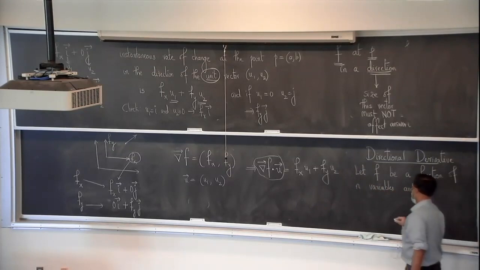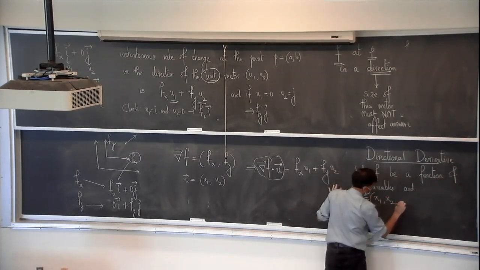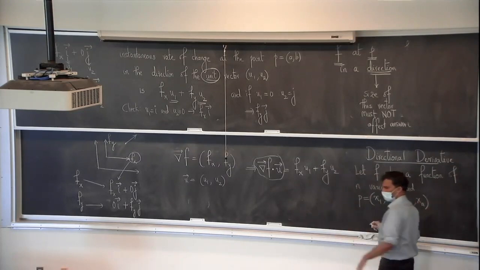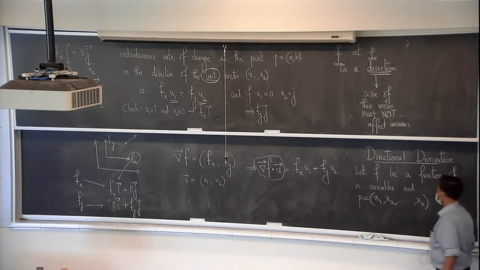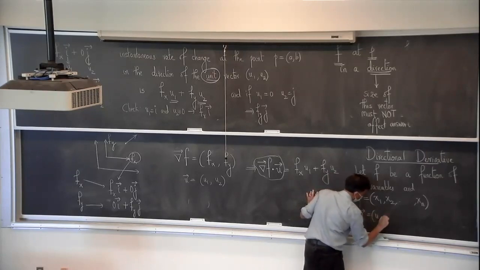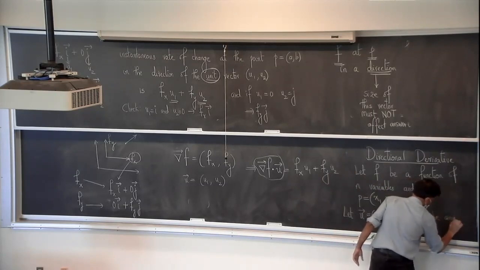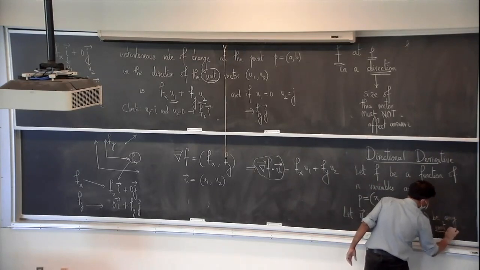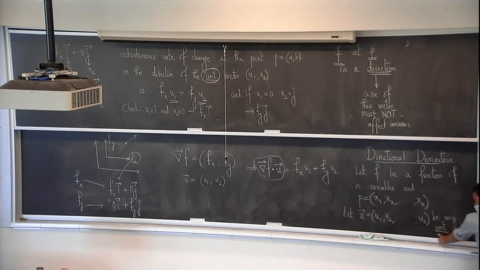And let P be a point with n coordinates. Let U = (U1, U2, ..., Un) be any unit vector. Please write this carefully. The word unit is important there because it looks like a vector, so that's okay, but it's a unit vector.